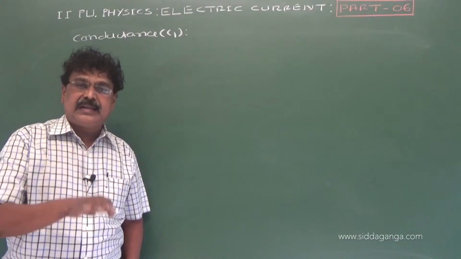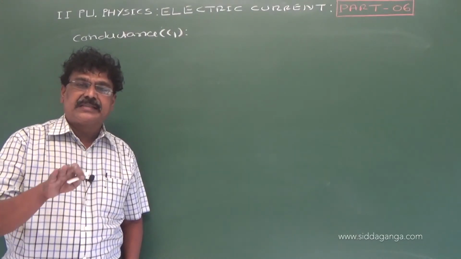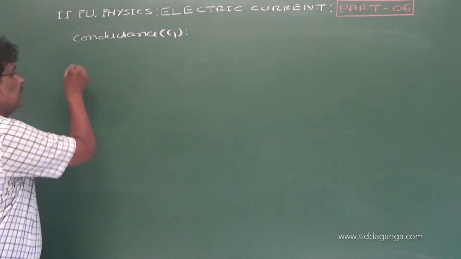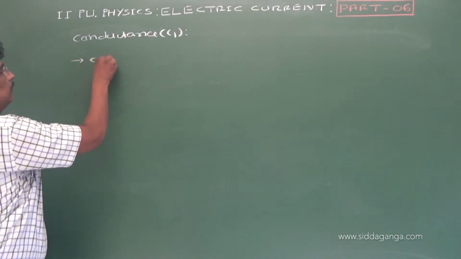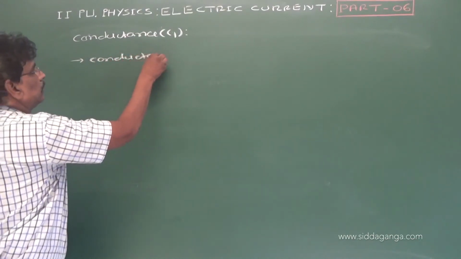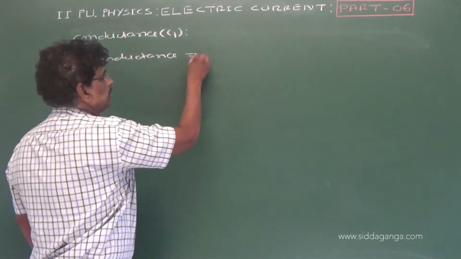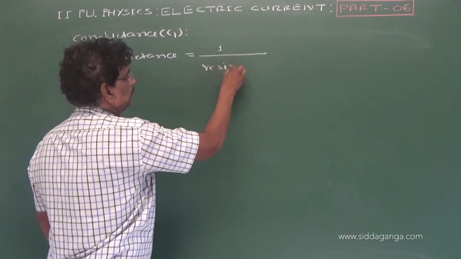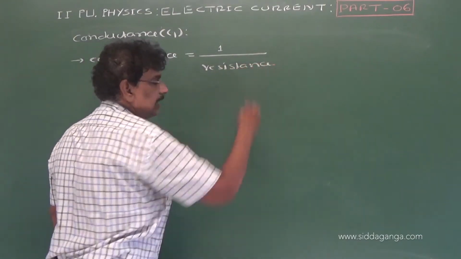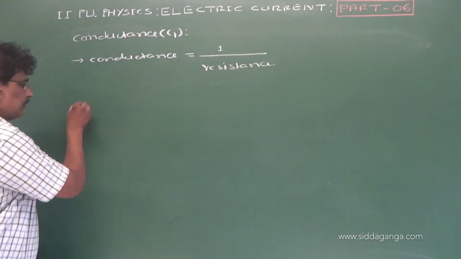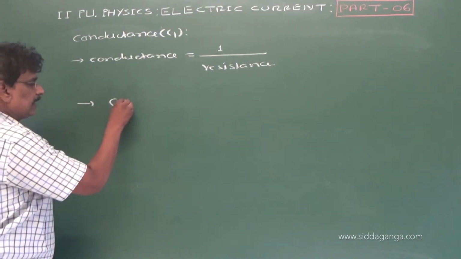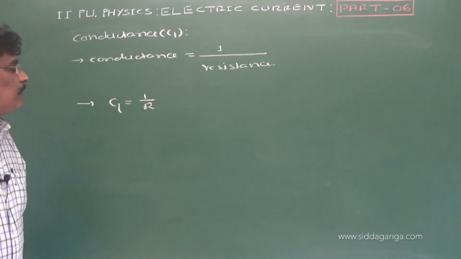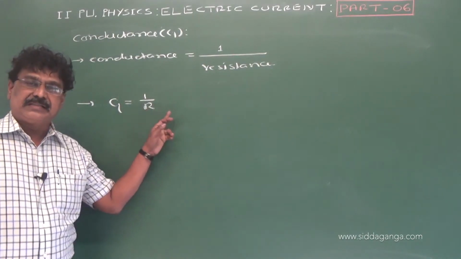And conductance of a conductor is defined as the reciprocal of its resistance. Therefore, conductance is equal to 1 by resistance, or mathematically we can write G is equal to 1 by R, where R is the resistance of the conductor.